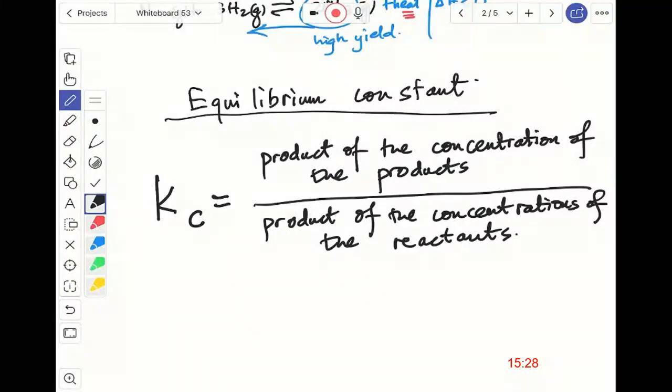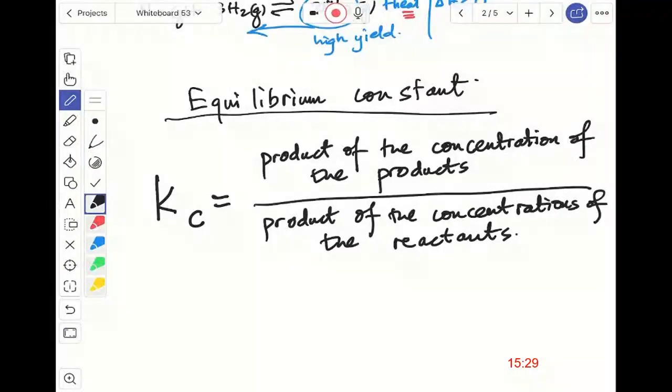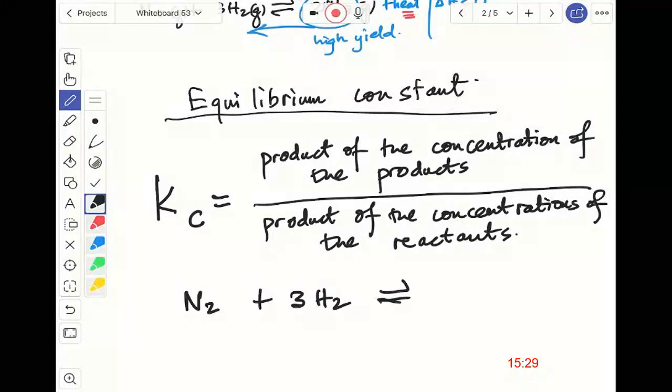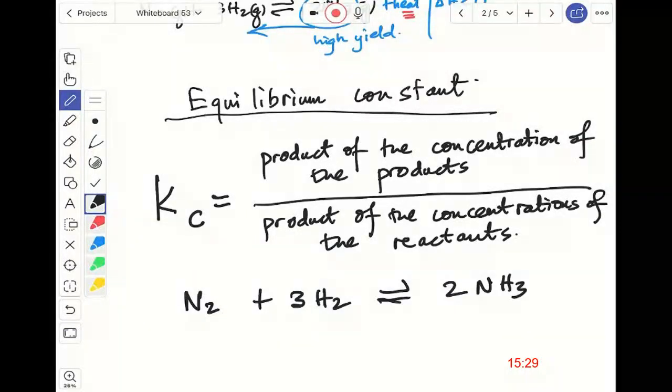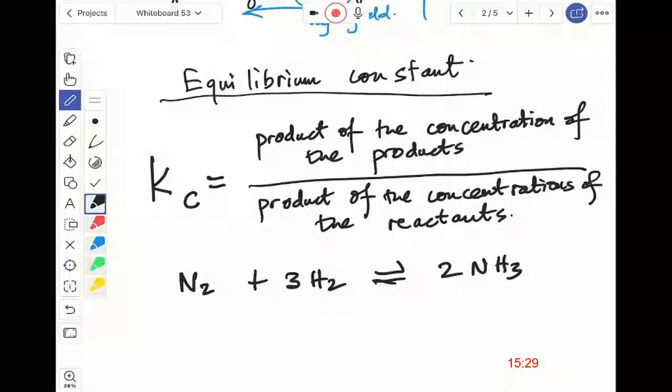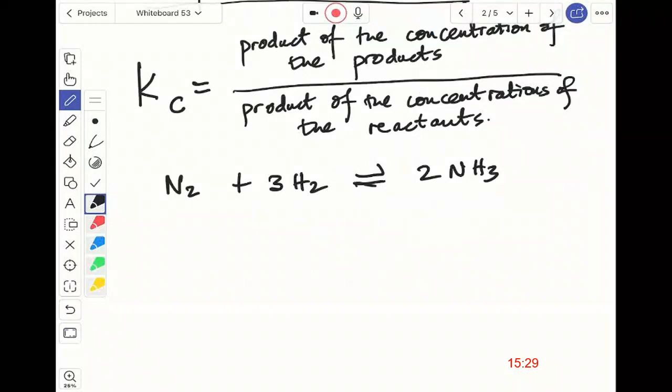Right, so let's look at our equation again. N2 plus 3H2 goes to 2NH3. Right. So what are my reactants? What are my products? So my reactants are N2, and this is 3H2.